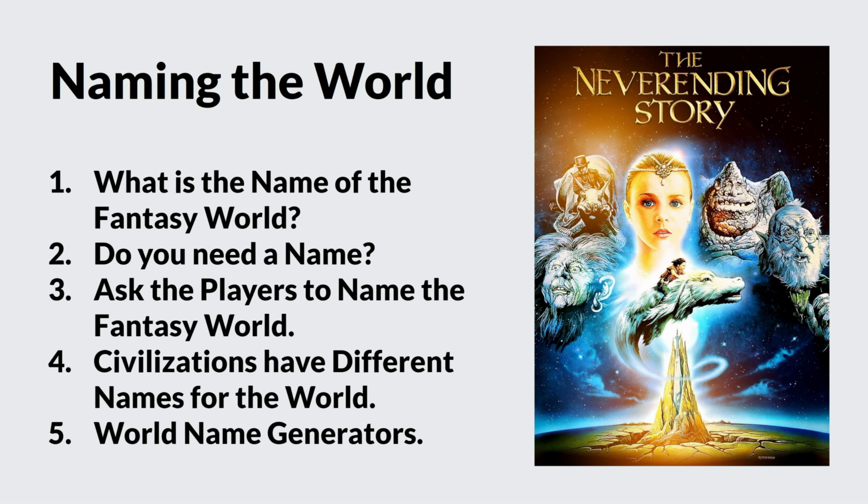So when you have more than one idea or more than one name, you can use all of them or none of them. Or one of the names is predominantly used and the other names are just variations that are used within the societies on your world. So it's really helpful when you have a list of names. There are also world name generators.